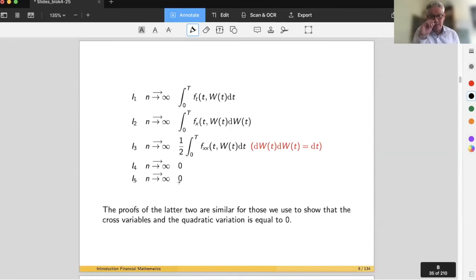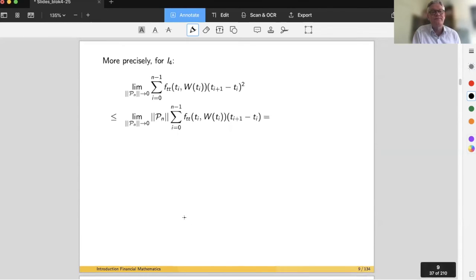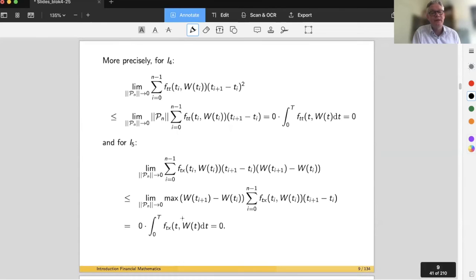Again, the argumentation is written down. The proofs are similar to those we used to show that the cross variation and the quadratic variation of t is equal to 0, and it is in fact exactly the same that we're using here. I have it on the slides, so it will be in the lecture notes posted. This is I4 and I5.